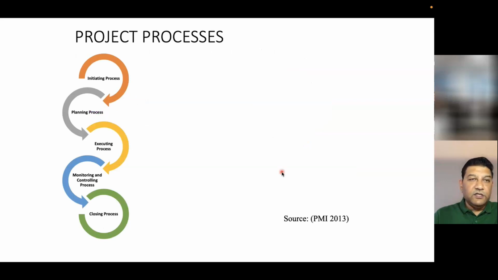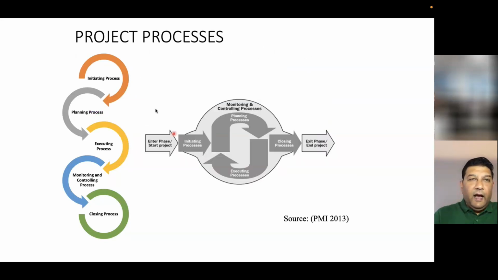The construction process has 5 work packages, which are already given to you in your assessment, so I won't take long on this slide. How does the construction process work? Again, it is a project. So the initiation process is how we are going to initiate the construction.